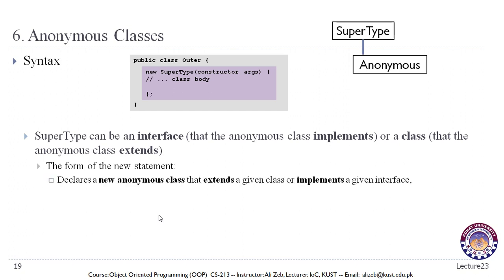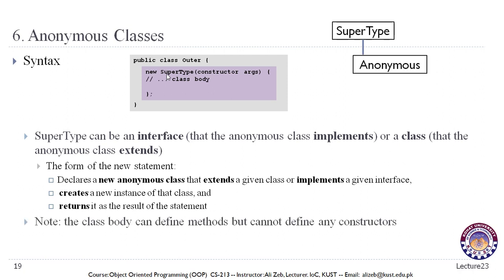The new statement declares a new anonymous class that extends a given class or implements a given interface, and this is mostly used in graphical user interfaces. This creates a new instance of that class and returns it as the result of the statement, and also creates an object of this.